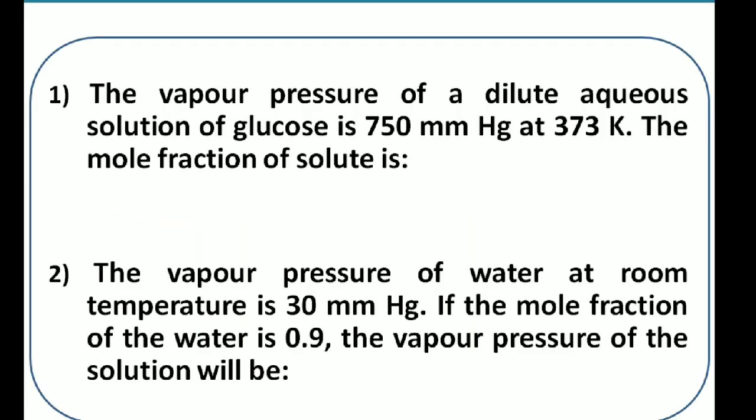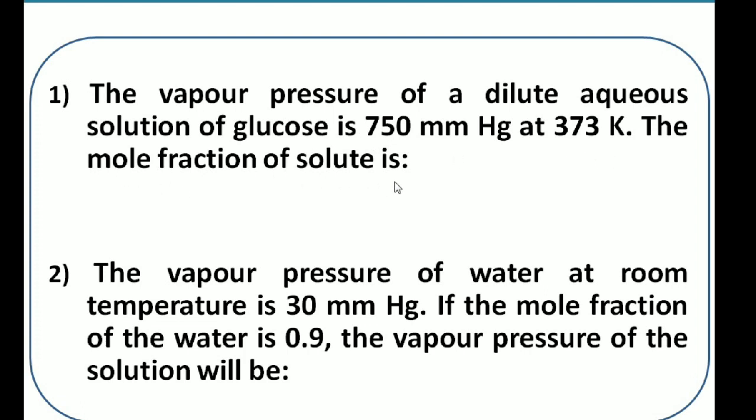Students, we can solve some numerical problems on the lowering in vapor pressure concept. The first problem is: the vapor pressure of a dilute aqueous solution of glucose is 750 mmHg at 373 Kelvin.